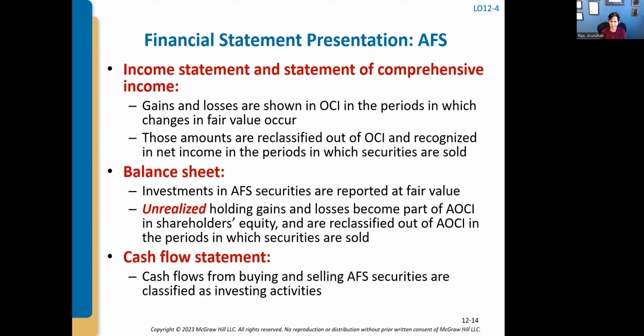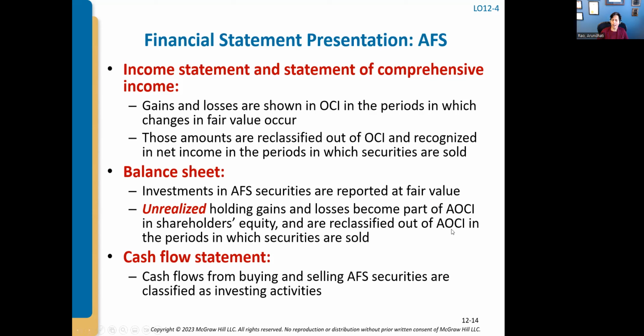Now, available for sale is in between. In the balance sheet, I'm classifying it as a long-term investment. Therefore, in the statement of cash flows, it's going to be an investing activity. However, any unrealized holding gains or losses, I'm not going to put in the income statement, nor am I going to ignore them.